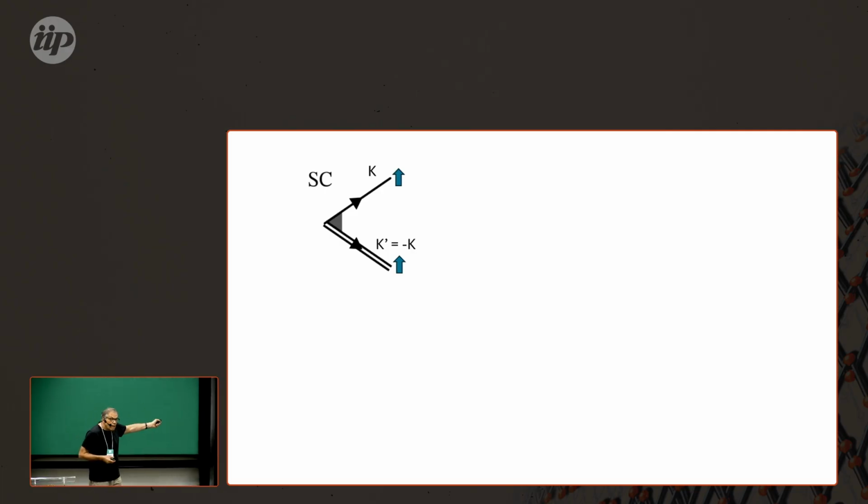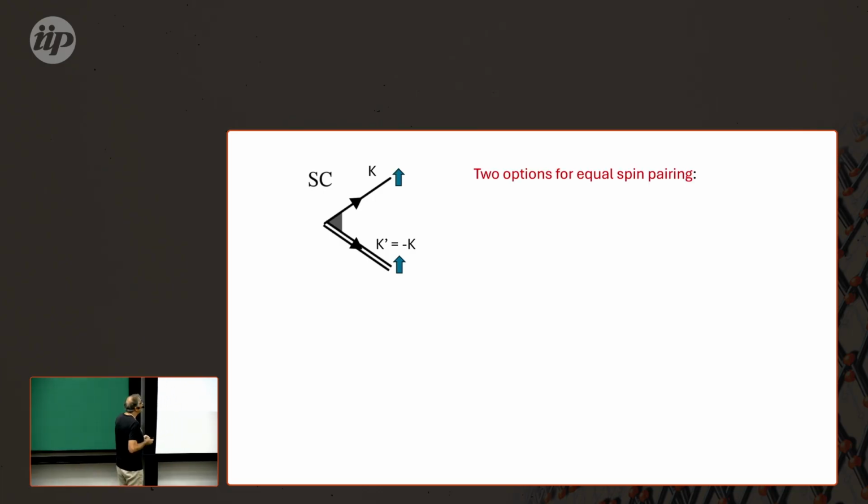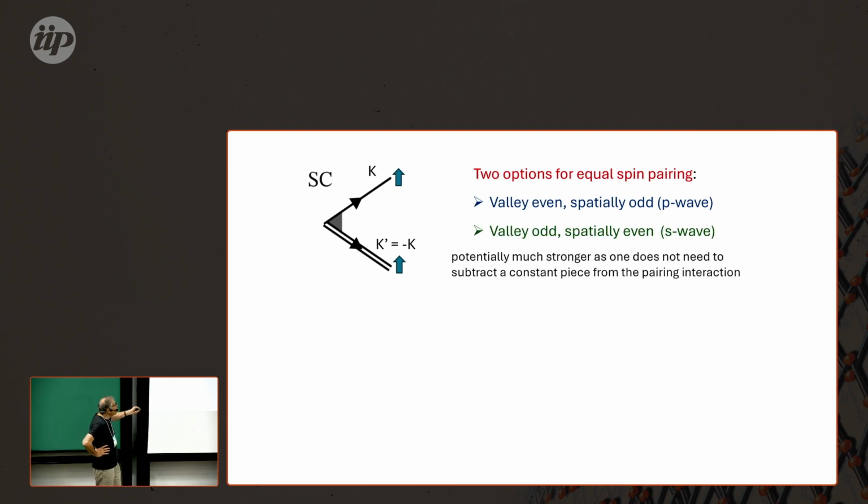And if we look here, we still have, I said, altogether three choices. So far it was one and one, but this one has two choices. We want to be in a ferromagnetic state, so I go back to the ordered state. So we pair spins with up, and therefore we can have valley even and spatially odd states, similar to what I told you before, like P wave, or we can have a different situation, valley odd but spatially even.